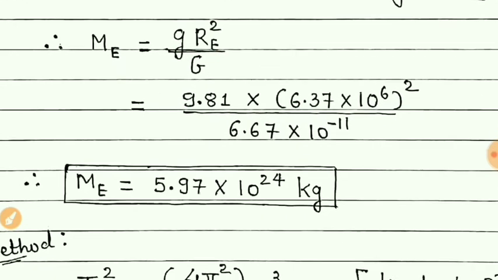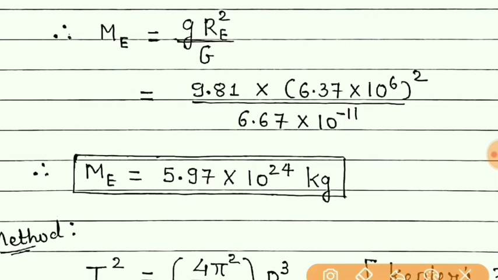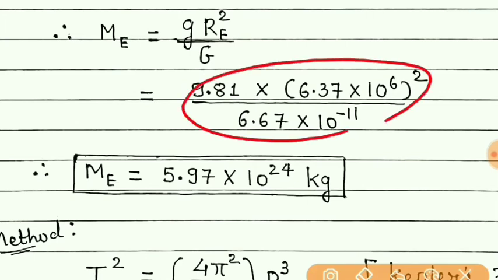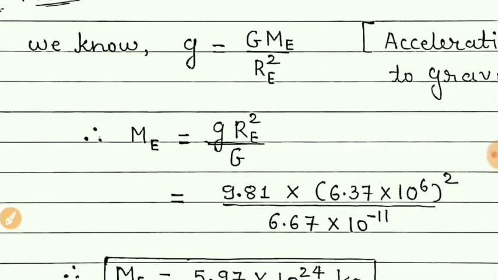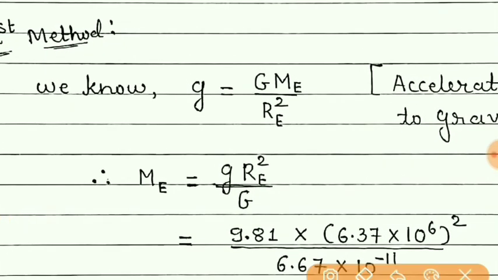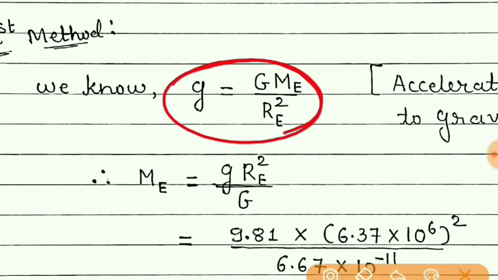So simply calculate it and you will get the mass of the earth approximately equal to 5.97 into 10 raised to 24 kg. So this is the mass of the earth by using this formula of acceleration due to gravity.